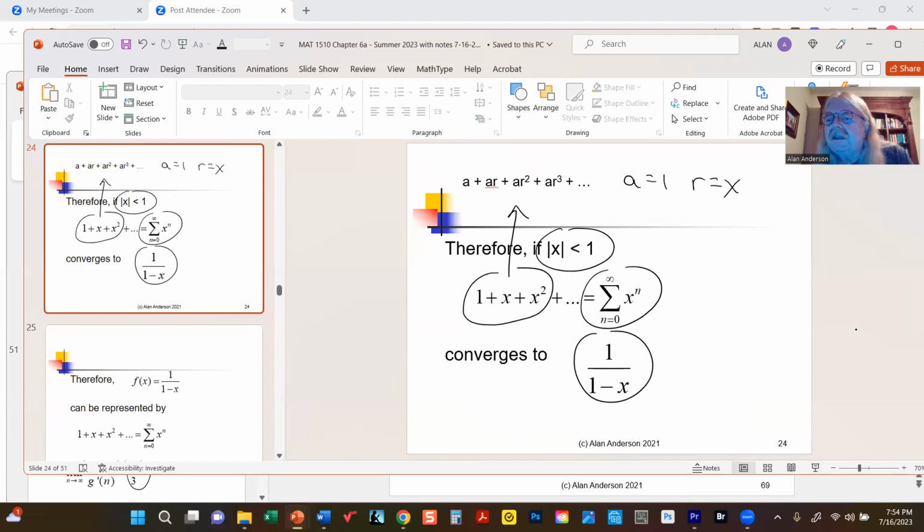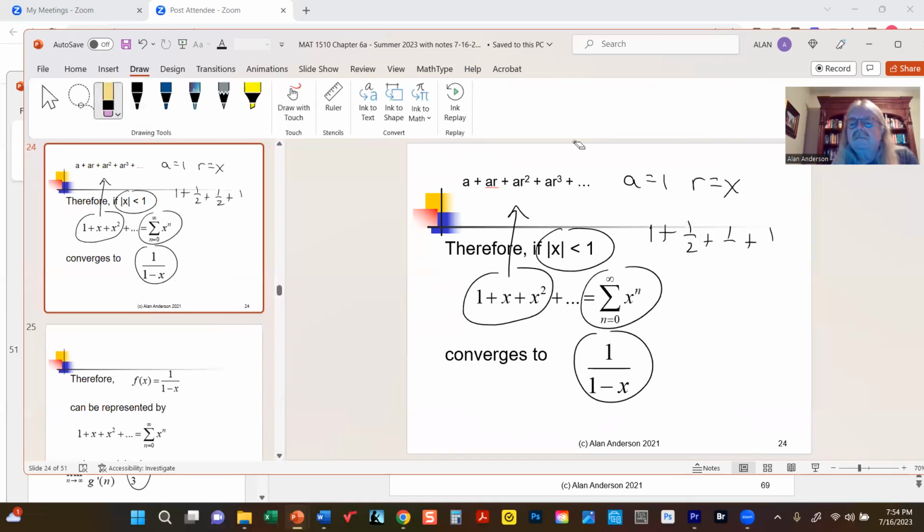So in other words, the entire sum, no matter how many terms there are, there's an infinite number of terms. So let's just say that it was 1 plus a half, plus a quarter, plus an eighth. This means that you have a geometric series where a is 1 and r is a half.